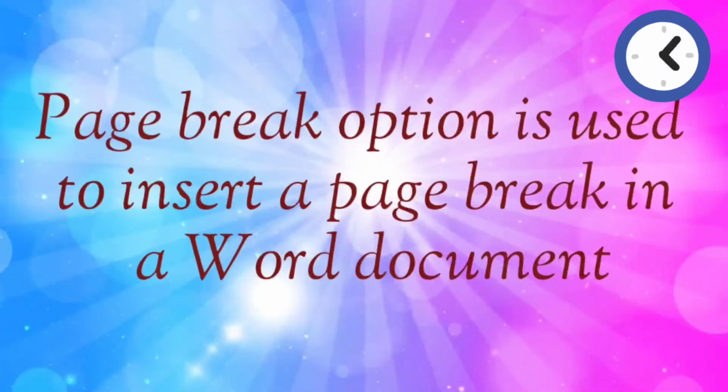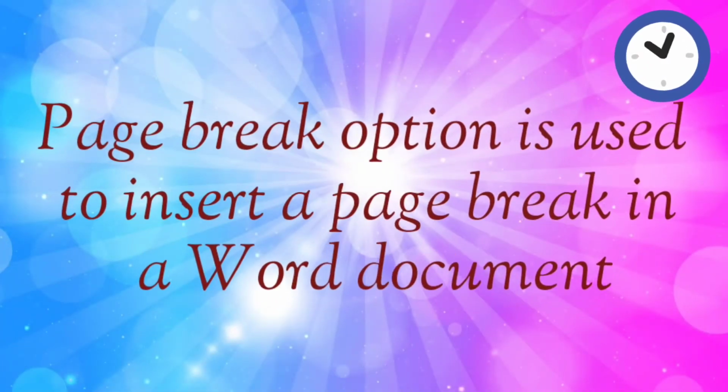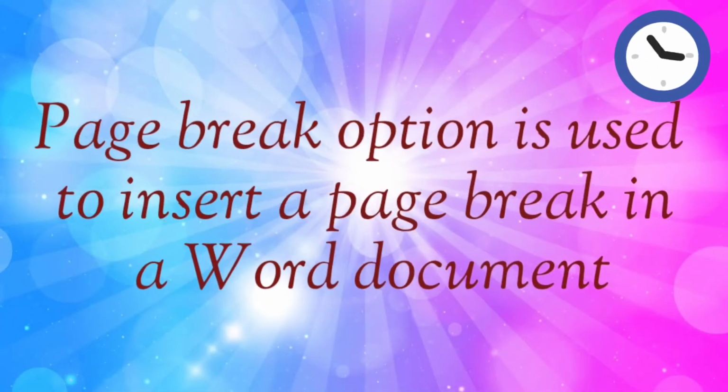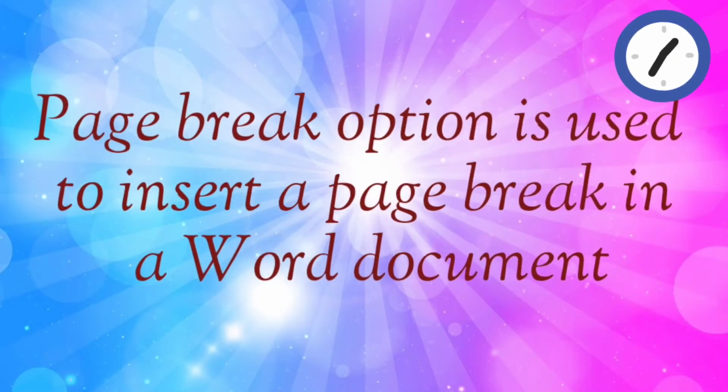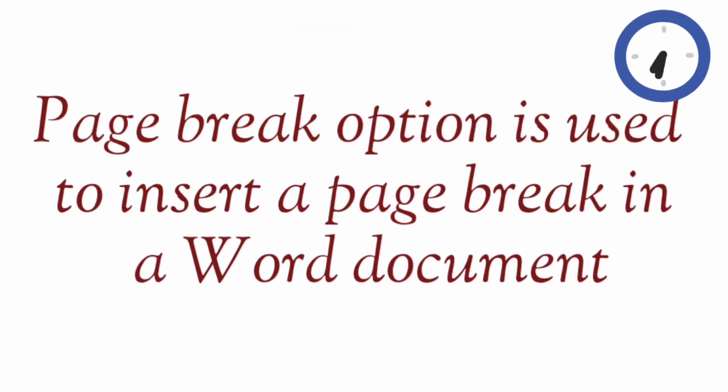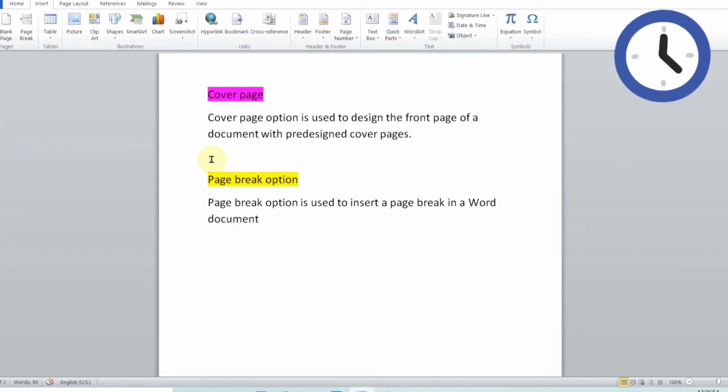Next, let's study page break. What is the use of page break option? Page break option is used to insert a page break in a Word document. To insert a page break, follow the given steps. Step 1. Place the cursor where you want to insert a page break.